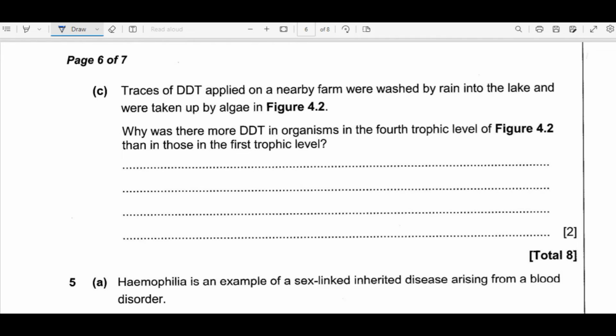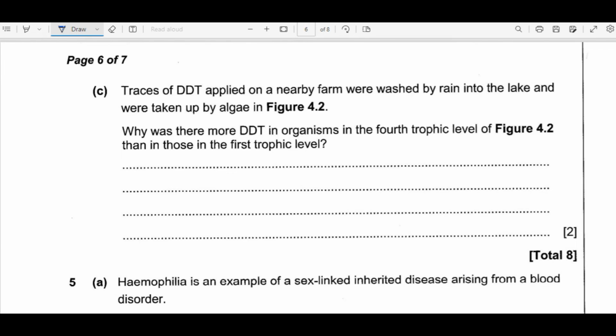Then for question C, we have traces of DDT applied on a nearby farm, washed by rain into the lake and taken up by the organisms in figure 4.2. Then why was there more DDT in organisms in the fourth trophic level of figure 4.2 than in those in the first trophic level? So DDT is a chemical used to control pests.